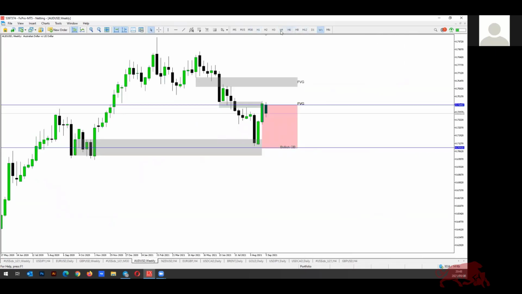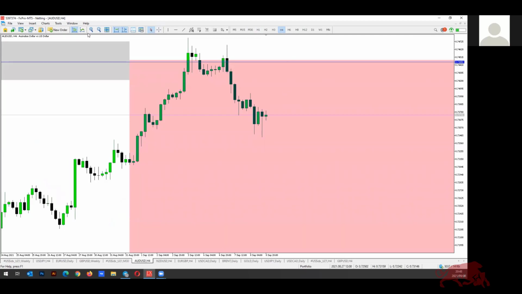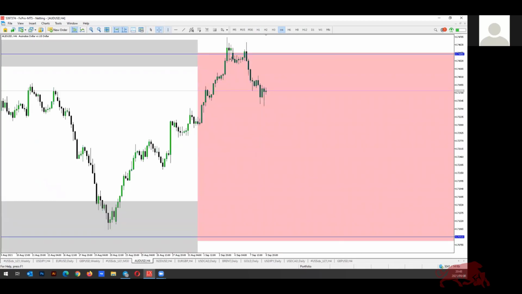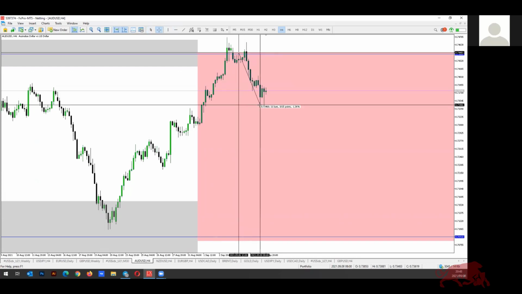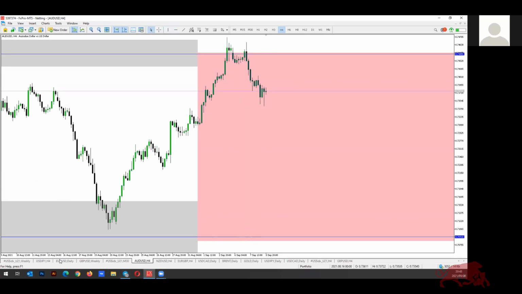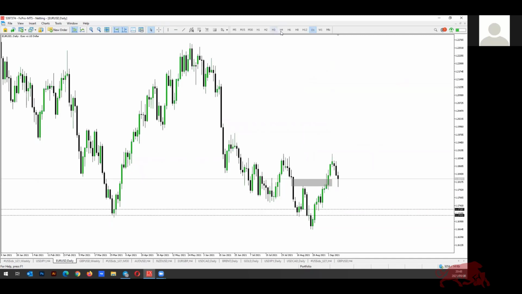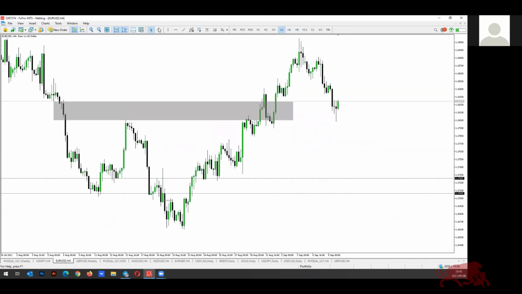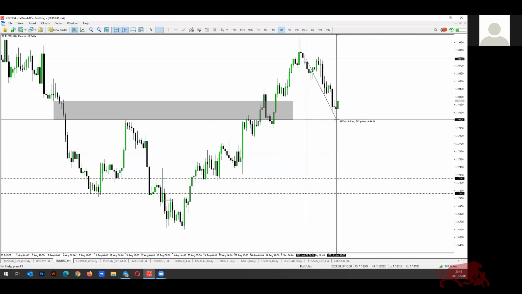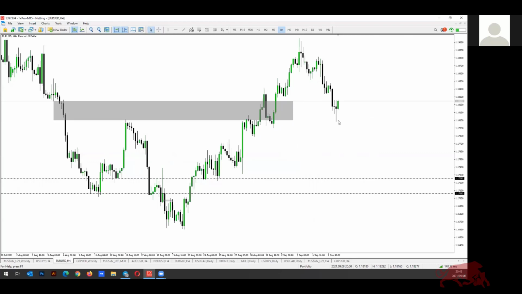And Aussie dollar, from the 6th, has dropped 100 pips. EUR/USD, same applies. From the 6th, it's dropped 77 pips. Those four asset classes, there's more than 300 pips there.